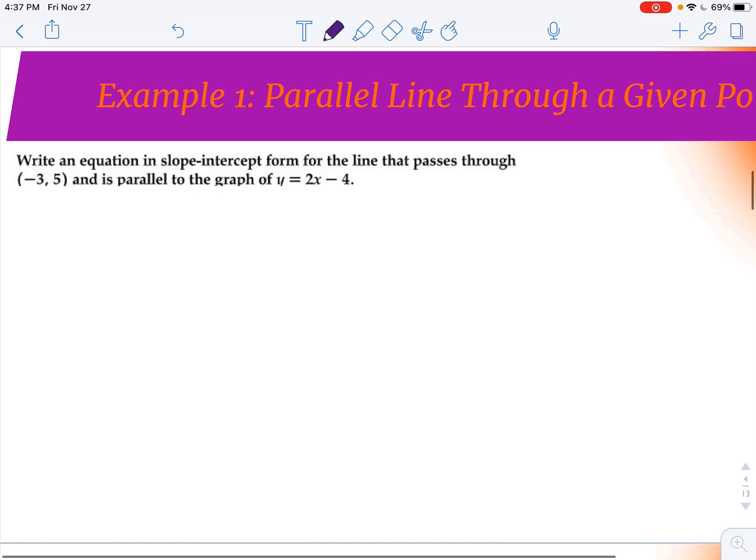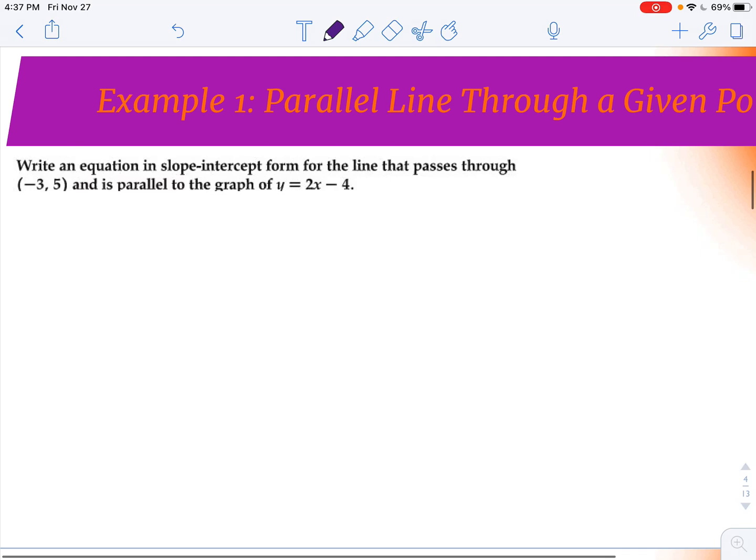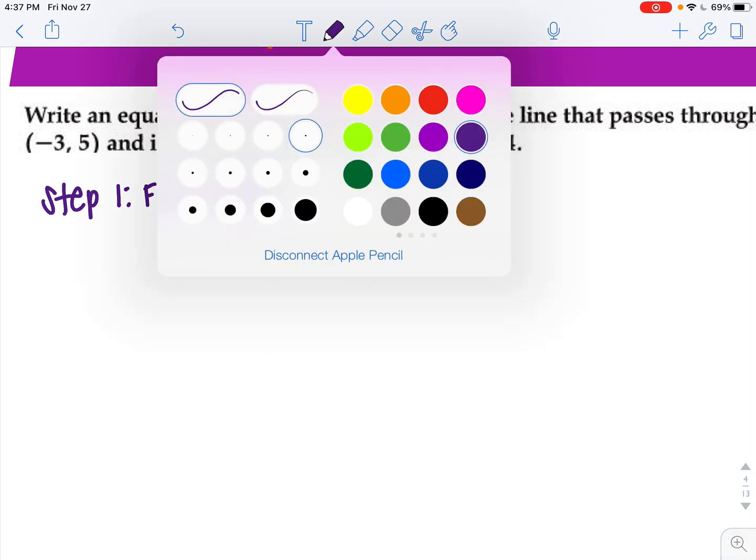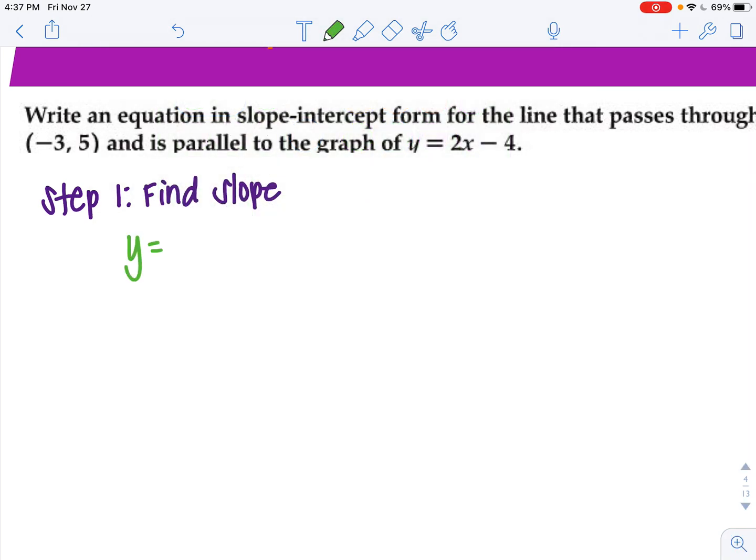So your first step is to figure out your slope. So I'm just going to put step 1, find slope. Now, since you have y equals 2x minus 4, you're in mx plus b form, so you know that your slope is 2.